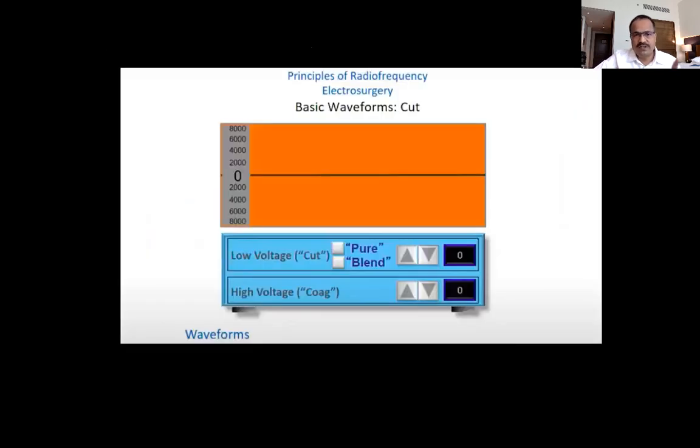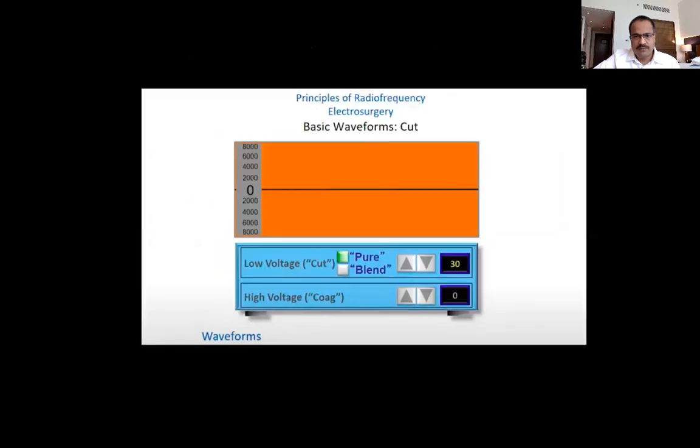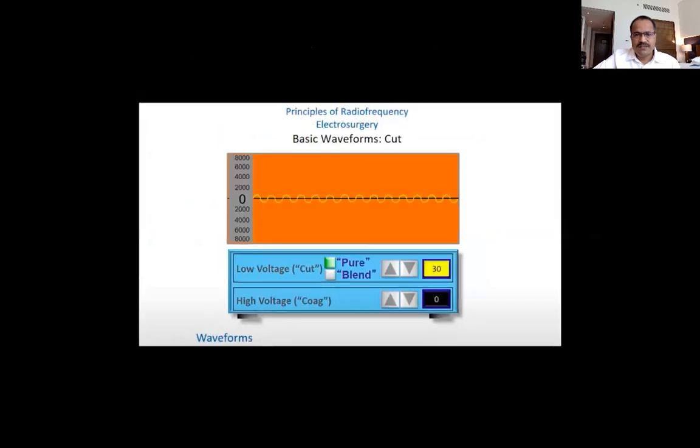So suppose now this is the neutral position. If we put 30 watts cut current, okay. So when I press 30, this is how the current will be spread there. When 30 watts current moves, it is a low voltage continuous current.